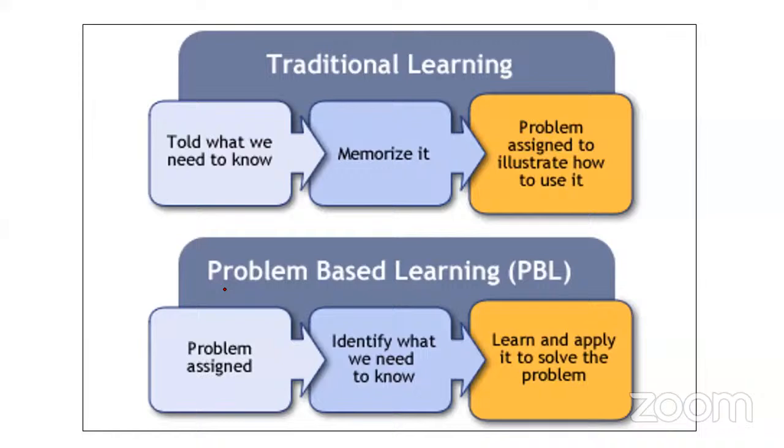And ultimately, a problem is assigned to illustrate how to use it, like an end-chapter problem or examples. Some are end-chapter problems, like exercises in our textbooks, and some are examples that are already done with the answers. So that is the part of traditional learning. I think everybody is already accustomed to this system.